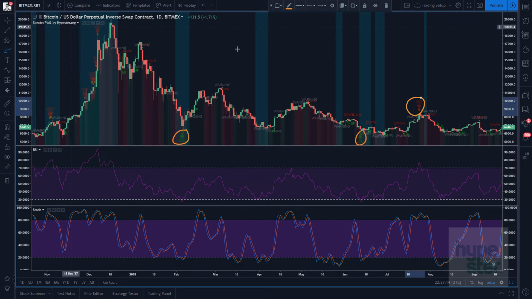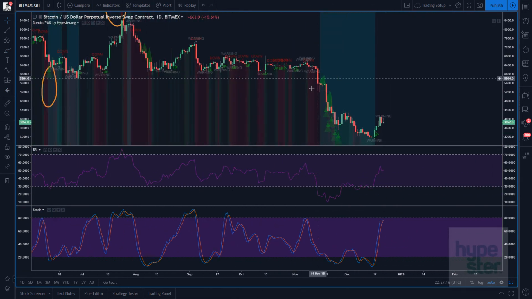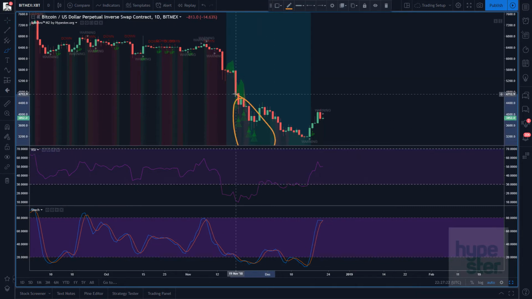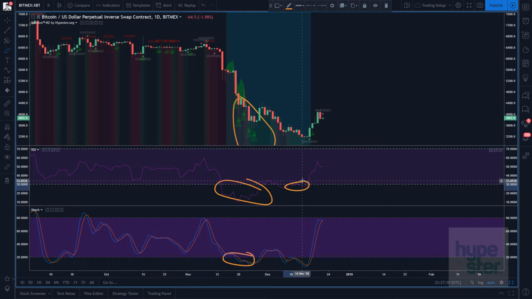And then when you have a drop like that, it also gives you the area where all those indicators agree that this is oversold. Oh, but here, it's oversold and it's not showing up because it's the conservative setting.